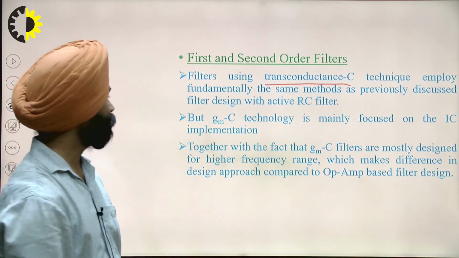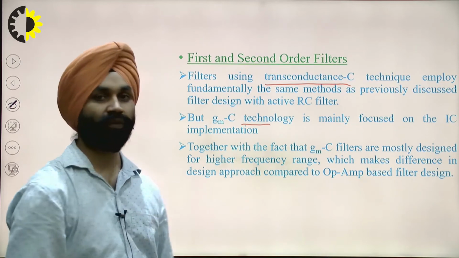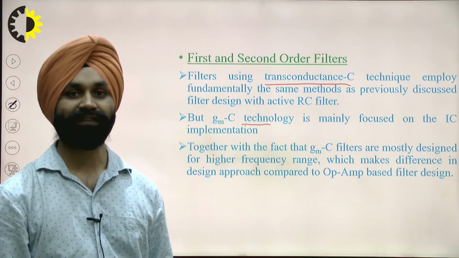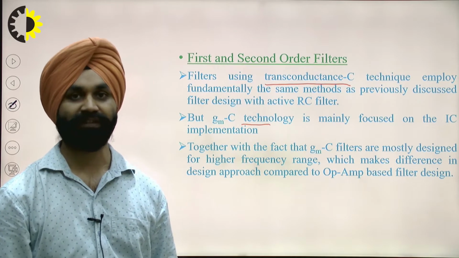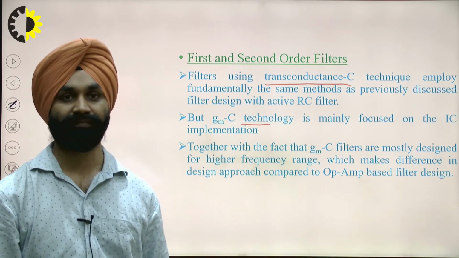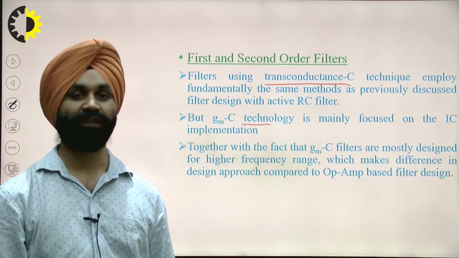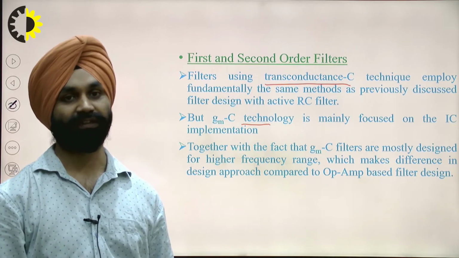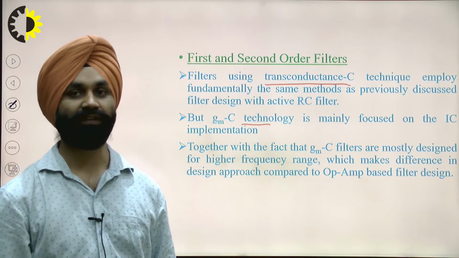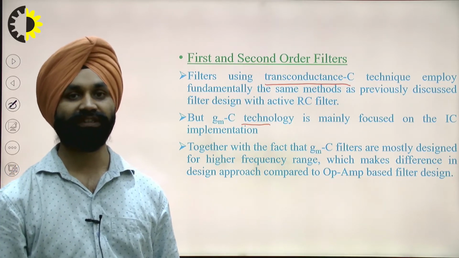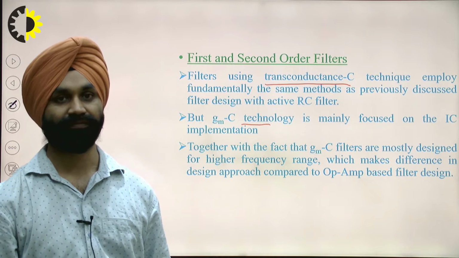However, this technology is mainly focused on IC implementation, because in IC implementation we cannot create L, that we have discussed in the initial introductory lectures also. So we can create filter ICs using GmC technology.